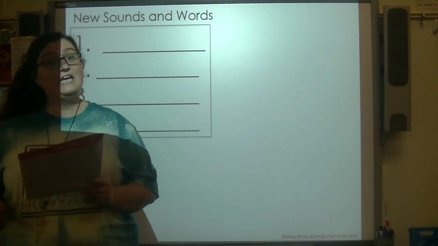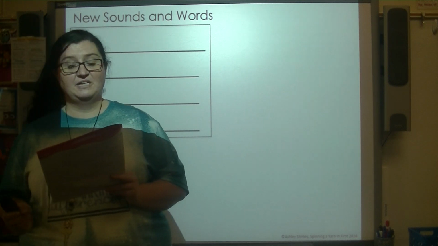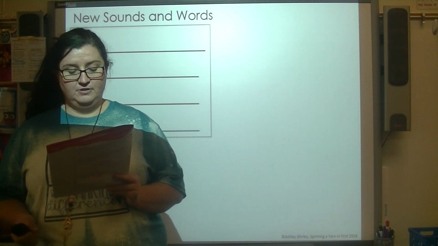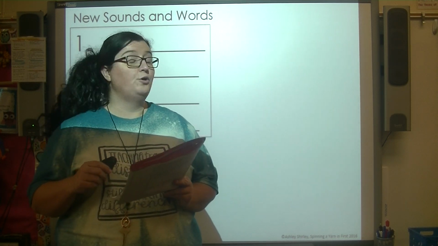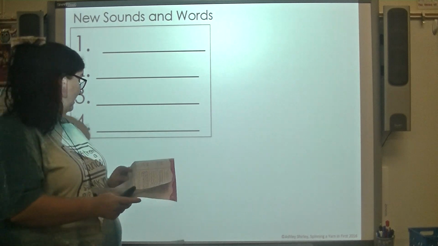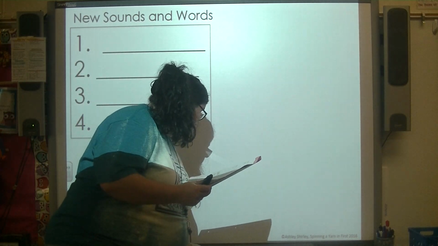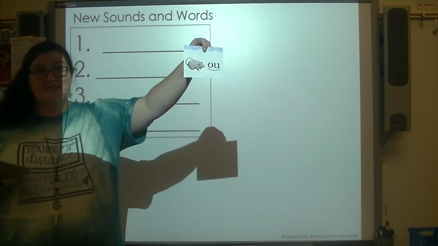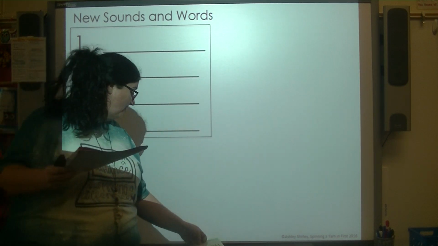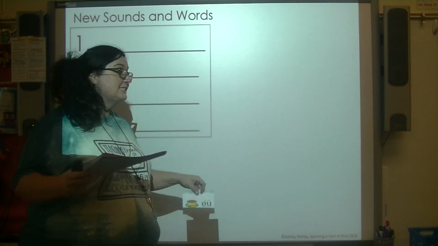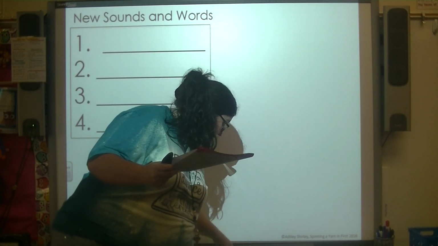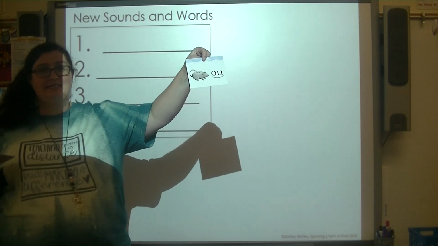Diphthong OU is the regular spelling pattern for OU. So most of the time when you see OU, it's going to be the ow sound. It can say the oo sound, but most of the time it's going to be the ow sound.